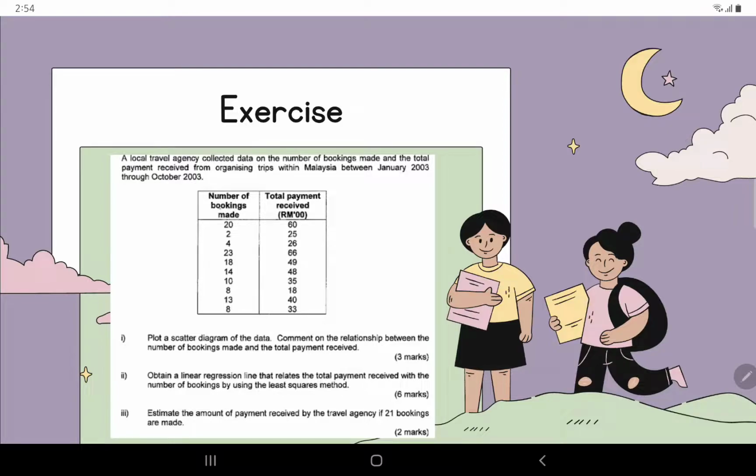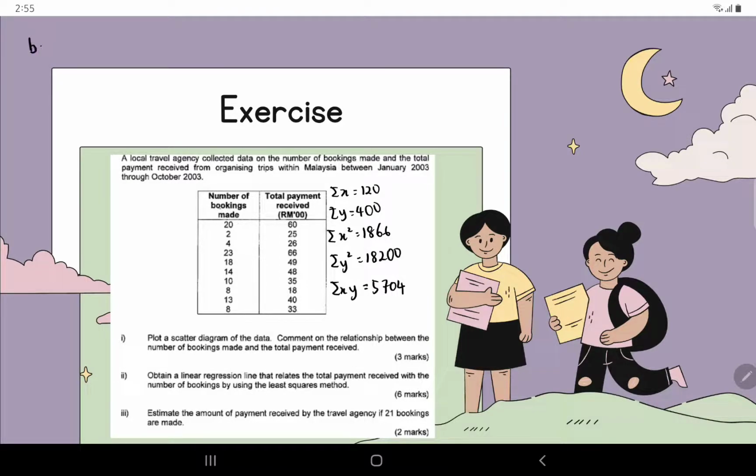Okay, ini masuk calculator saja. Kita dapat amount total of x is 120. Total of y is 400. And then total of x square is 1866. Total of y square is 18200, and total of xy is 5704. Okay, so kita nak cari b dulu untuk regression line tadi.